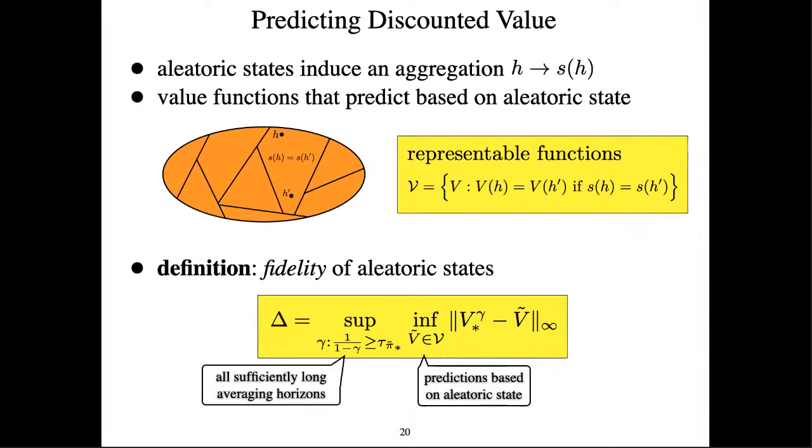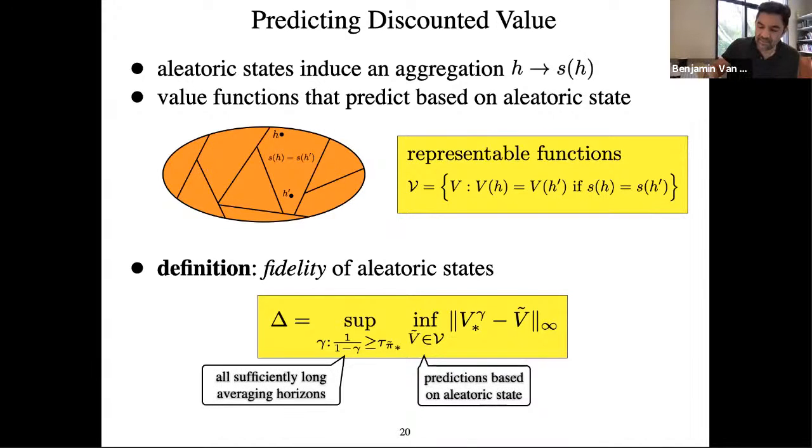I had a question. Somehow the distribution of H conditioned on the aleatoric state also matters here. So is there some consistency issue when you say V is a function of S, that the policy should somehow induce the distribution of H conditioned on S? This h is not a random variable. This is a dummy variable, right? H_t is my random variable.